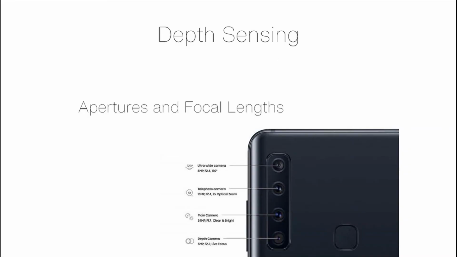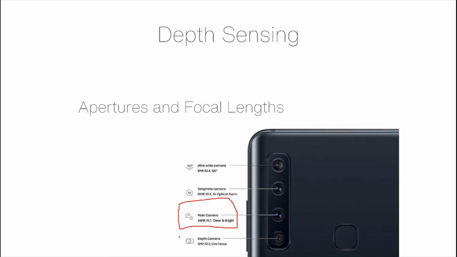Depth sensing. So we all see these images of phones having multiple cameras, and most of the time it doesn't make sense to us. Let us try and analyze a simple situation of what happens here. So we have a main camera and a depth camera.